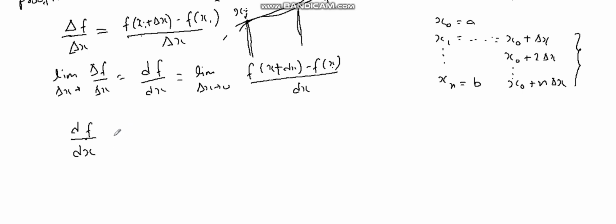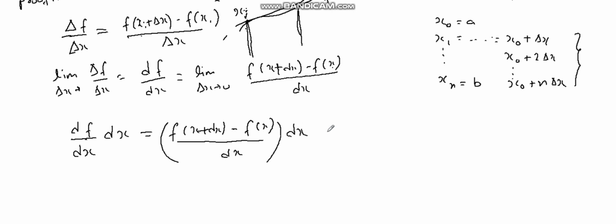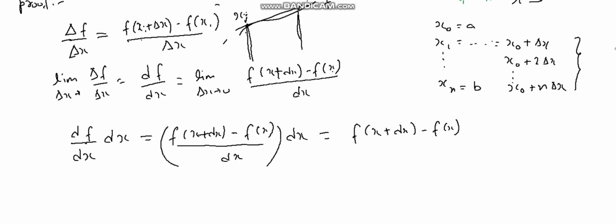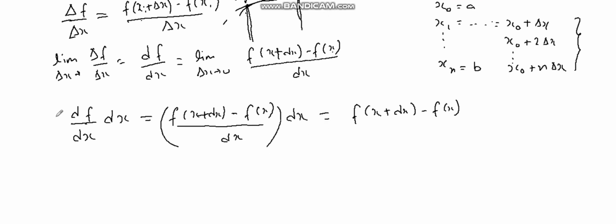If we take the dx over here, then that will give f of x plus dx minus f of x, by dx, times dx, and that will give f of x plus dx minus f of x.